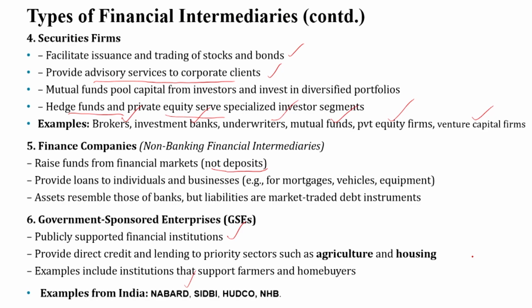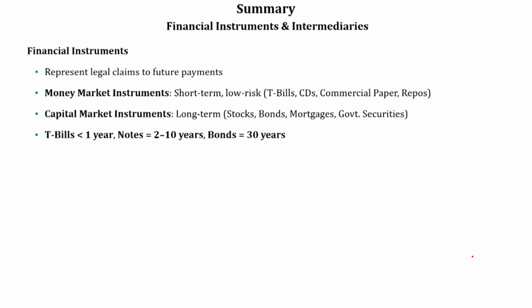To sum up today's discussion, we covered two key components of the financial system. One is financial instruments, where we discussed money market and capital market, and subsequently we discussed financial intermediaries, institutions that connect savers with borrowers.